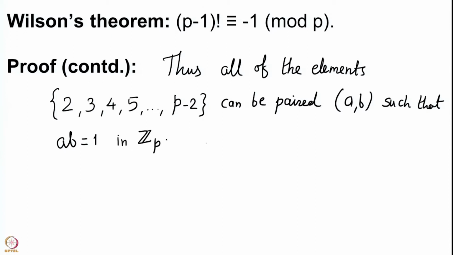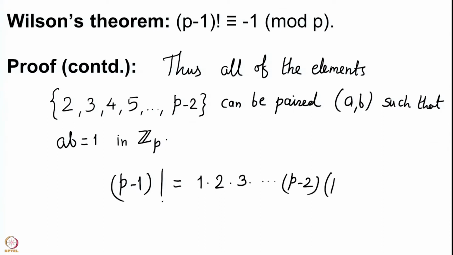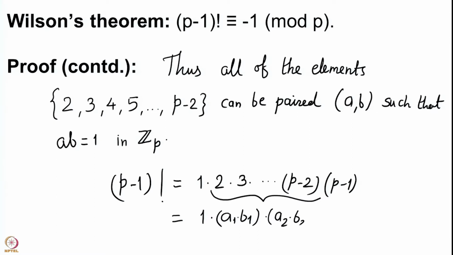So, when I take the product p minus 1 factorial, this is 1 into 2 into 3 and so on up to p minus 2 into p minus 1. So, these elements have been paired as A1 into B1, where A1 and B1 have the property that their product is 1 in Z_p, A2, B2, and so on up to A_r, B_r.